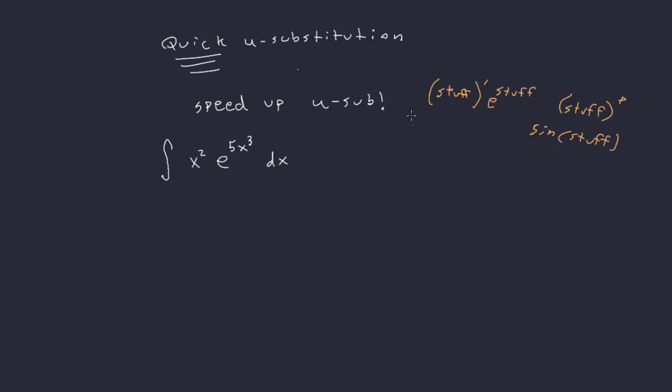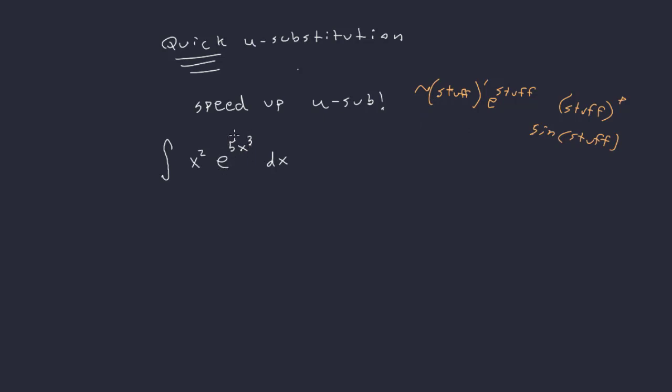I'll just say stuff prime out here, and it's got to be something close. It doesn't have to be exact, but it's got to be really close. In fact, what we mathematician types would say is that they differ by only a constant, okay? Something along those lines. And in this case, we do have a situation like that.